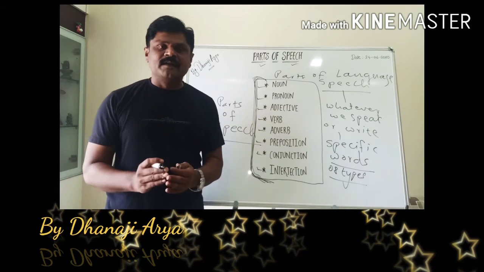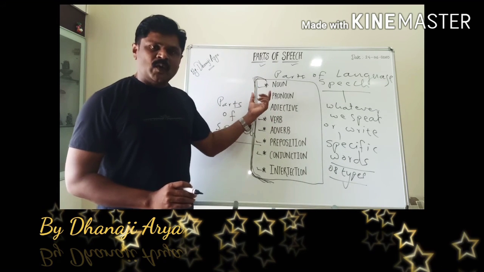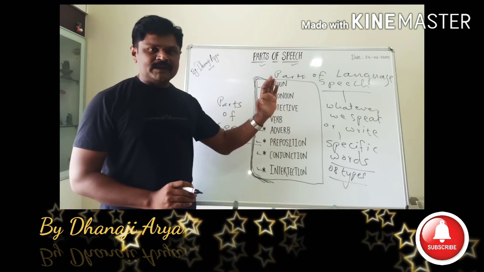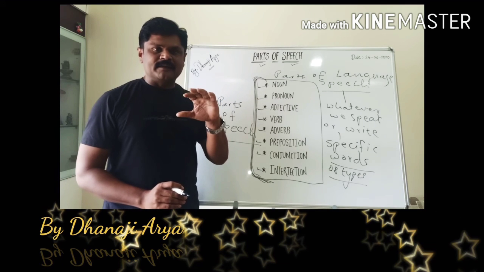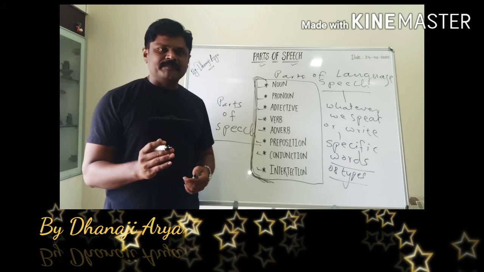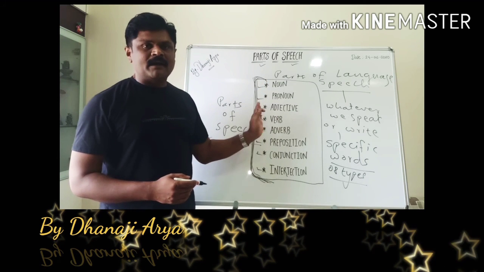One by one, we are going to understand the role of these 8 types of words to develop the language and acquire fluency in writing or reading. Day by day, we are going to think about the parts of speech one by one.